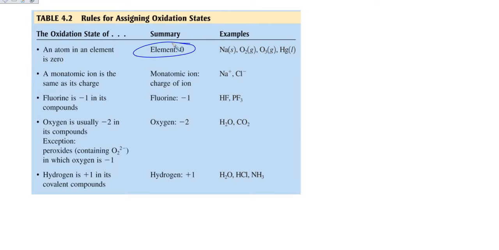Now, if you have an ionic compound, the charges of the ions are the same as the oxidation number. So if I had sodium chloride, I just look at the periodic table, I find the charges, and boom, that's the oxidation number.